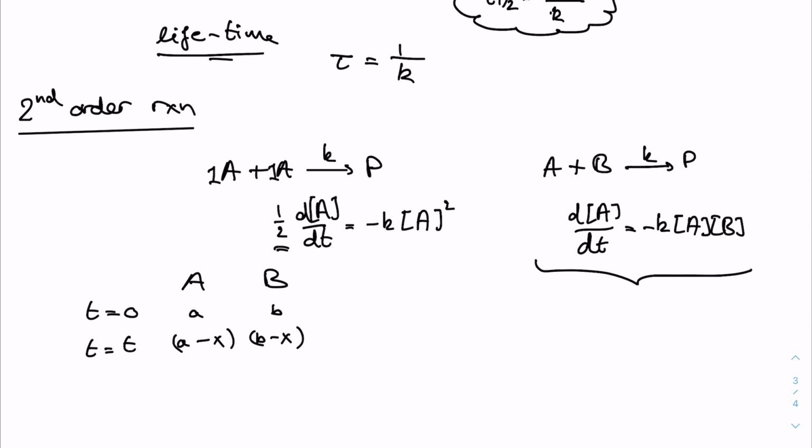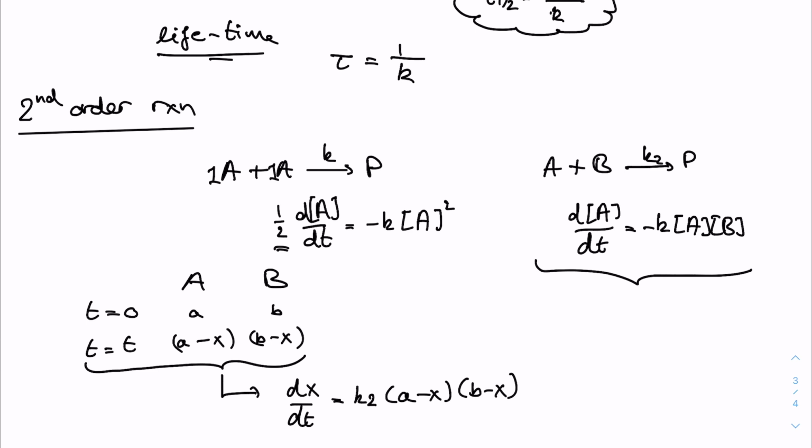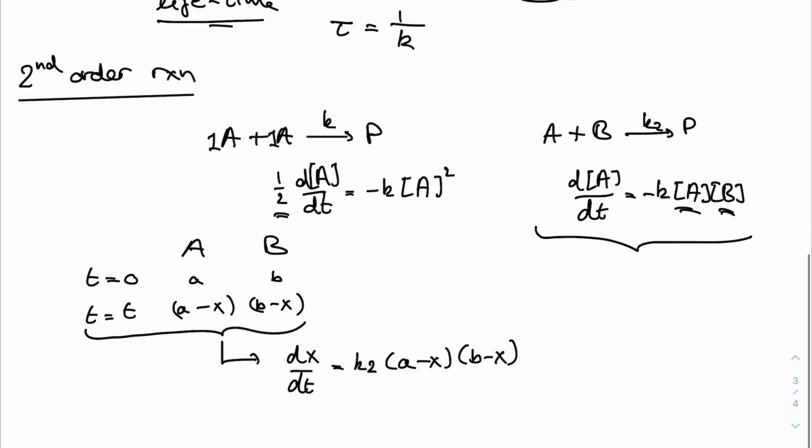So if we write now the reaction rate in this form, we get dx dt is, so we'll call this K2 for second order, A minus x, B minus x. So I didn't really do anything, I just put A minus x for concentration of A at time t, and B minus x for concentration B at time t. Okay. So we'll have to separate the variables, right?